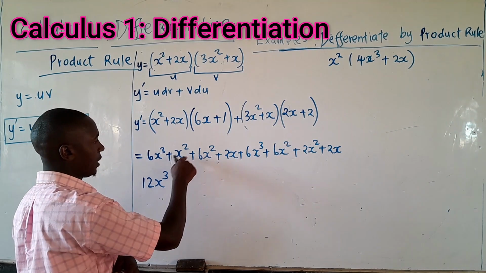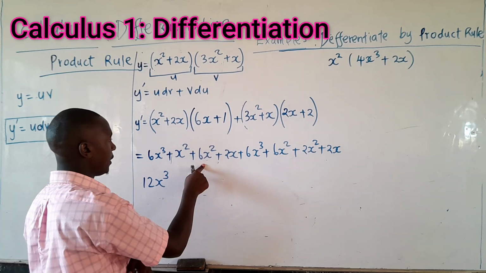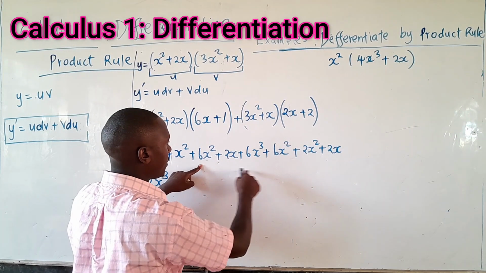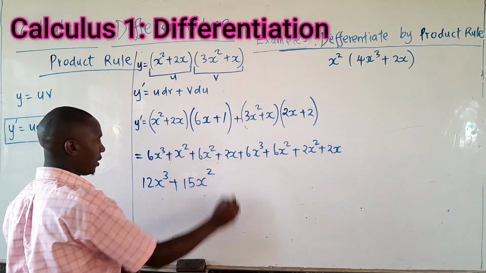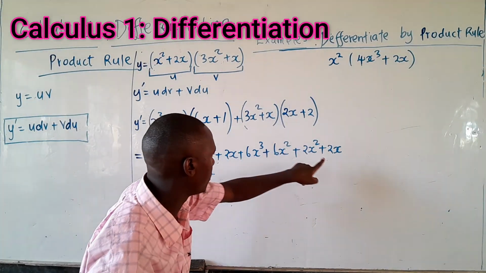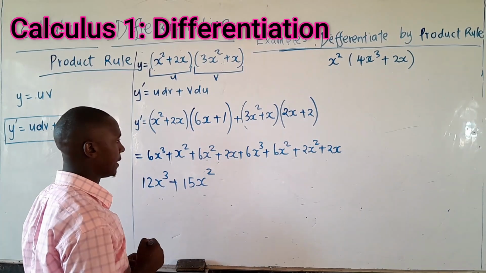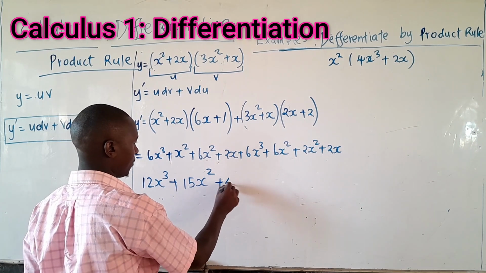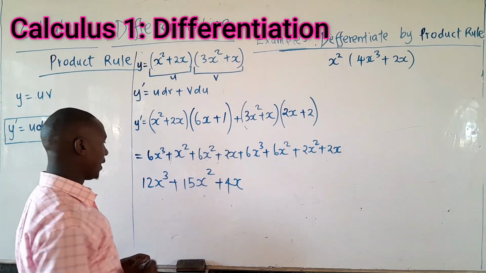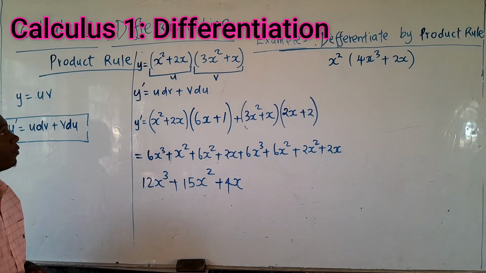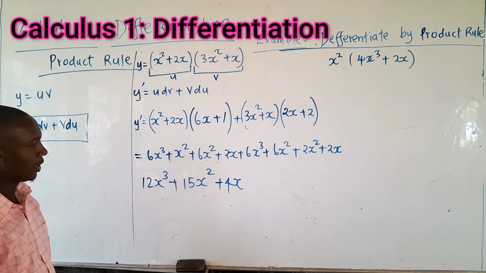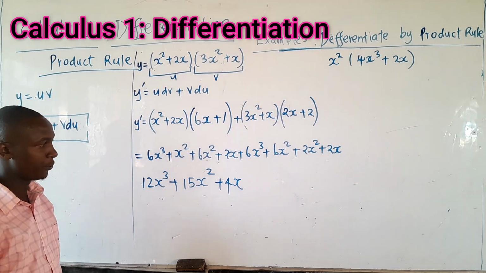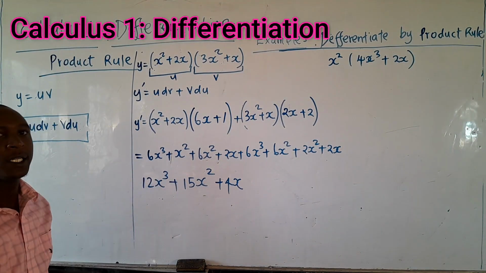So 1 square plus 6 square is 7 square plus 6 square, and then 2x plus 2x is 4x. And that becomes the derivative of our function here. You can see how easy it is to work out using the product rule.